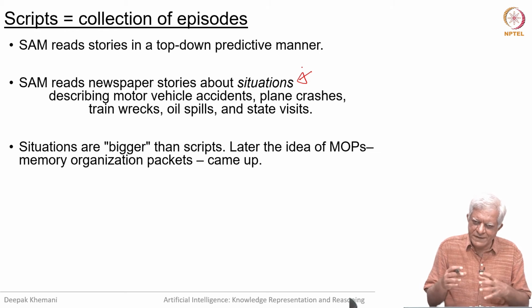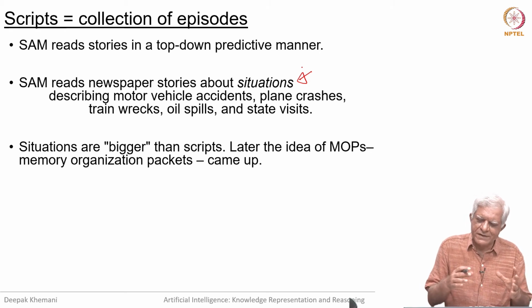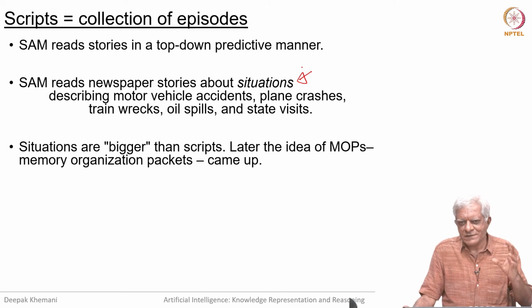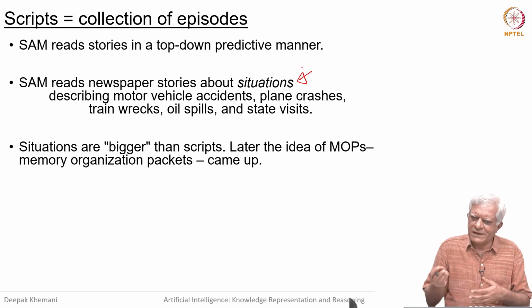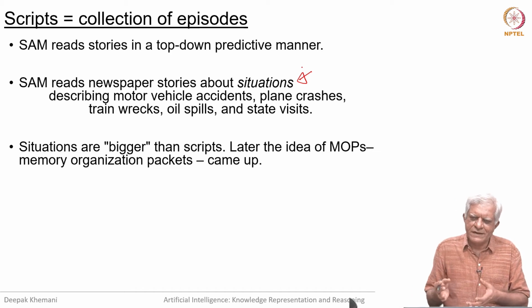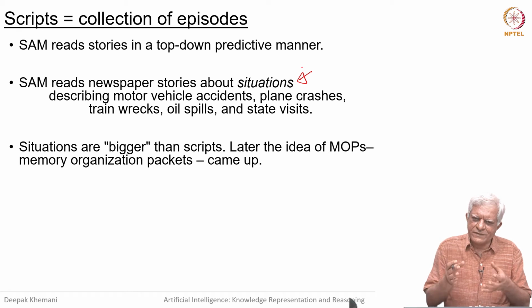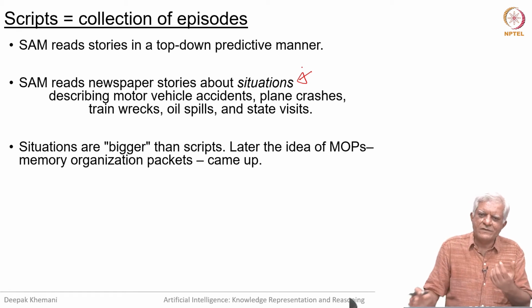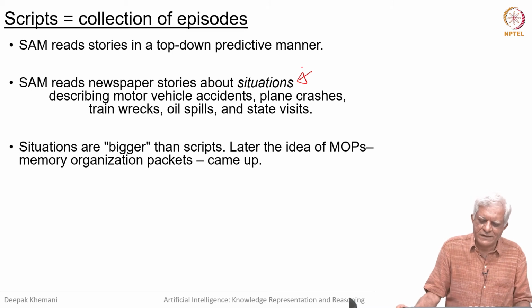So, scripts are aggregated into situations, and you can see that this whole process of aggregation has begun from the very fundamental particles that we talked about, or fundamental events if you want to talk about events. And then as we go up into the aggregation hierarchy, we talk of things at a different level of granularity.